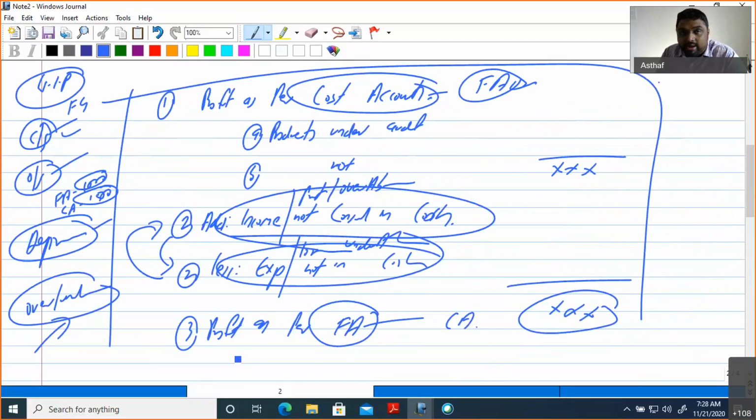In this format there is a separate point, adjustment of stock, which we will discuss separately. But as far as your online exam is concerned, there is no need for presentation. These all come under MCQ pattern only. One question asks what the profit is as per financial accounts, another asks what the profit is as per cost accounts, or sometimes they ask about the treatment. So it is very easy for you to score good marks.